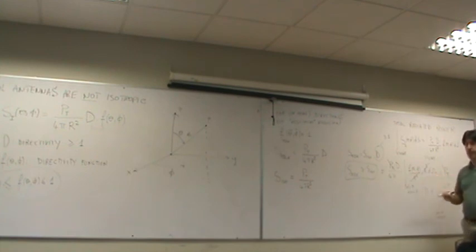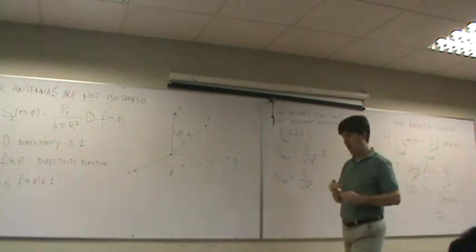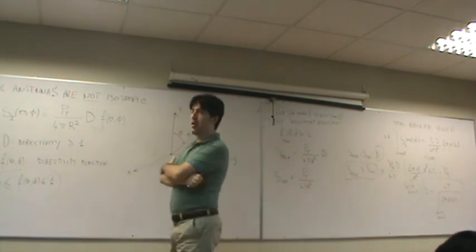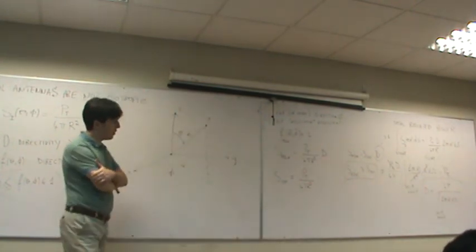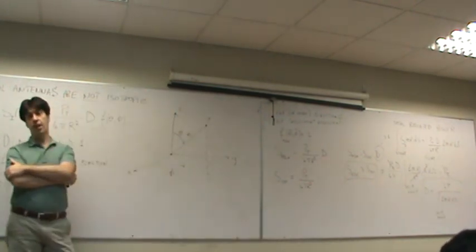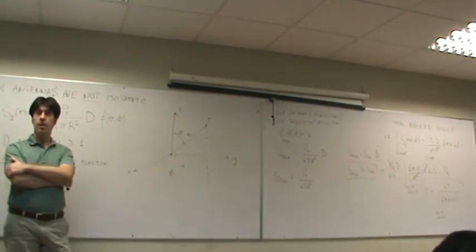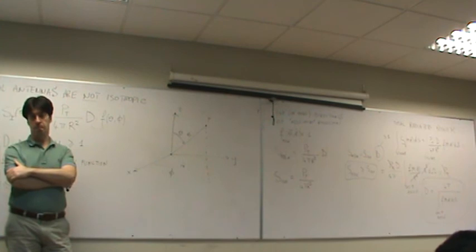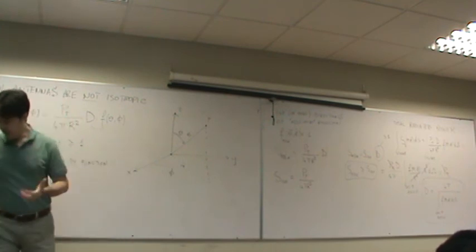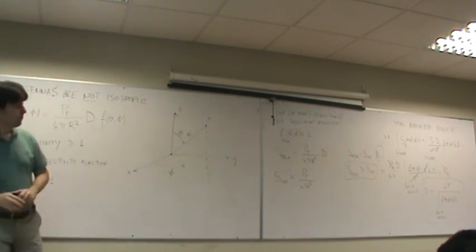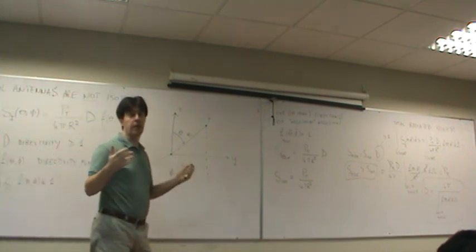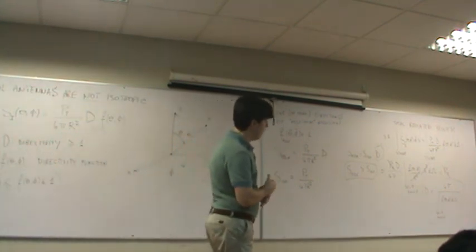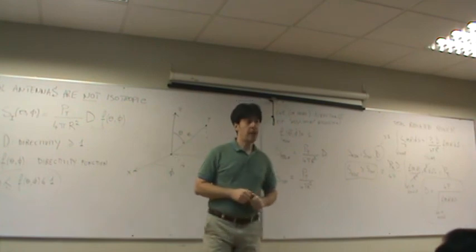And this is a fundamental relation that we will use in some exercises to calculate the directivity of one antenna when we know the way it radiates. You will have to do some integration, but nothing particularly complicated.